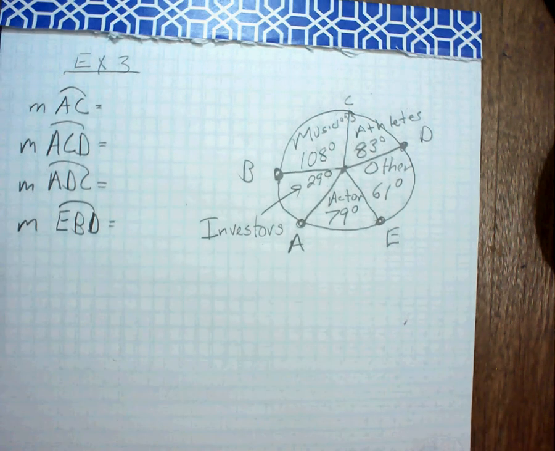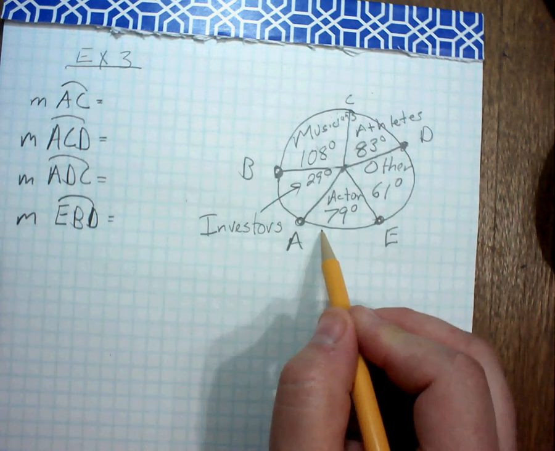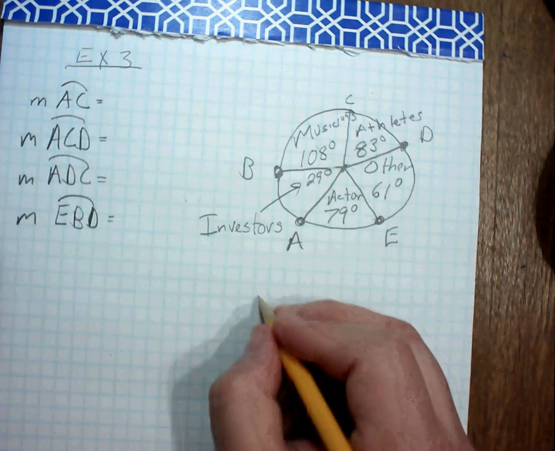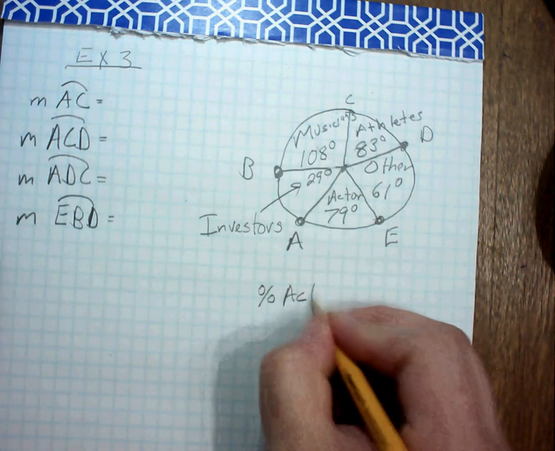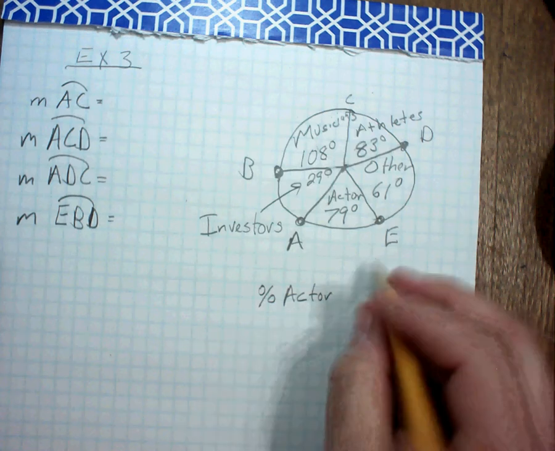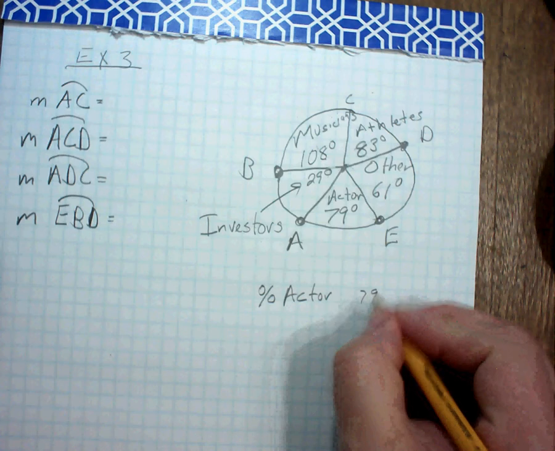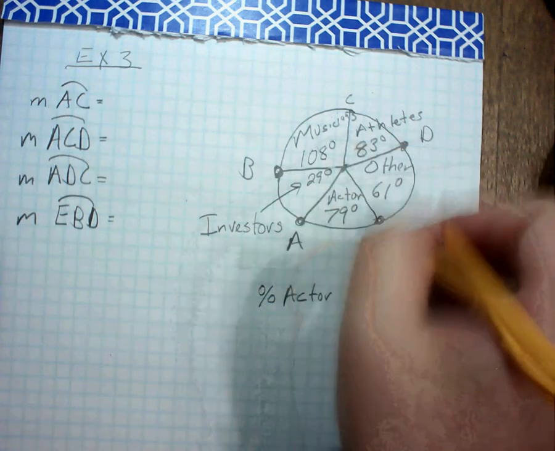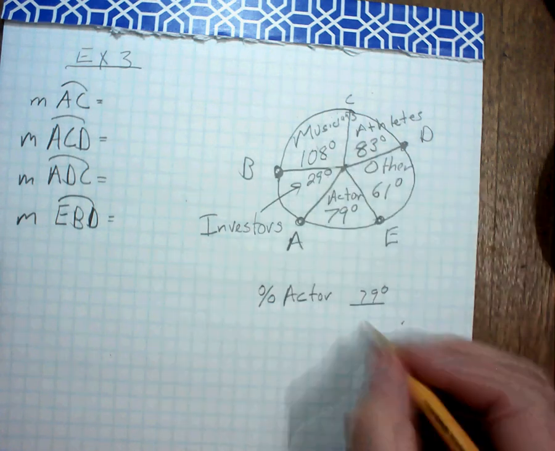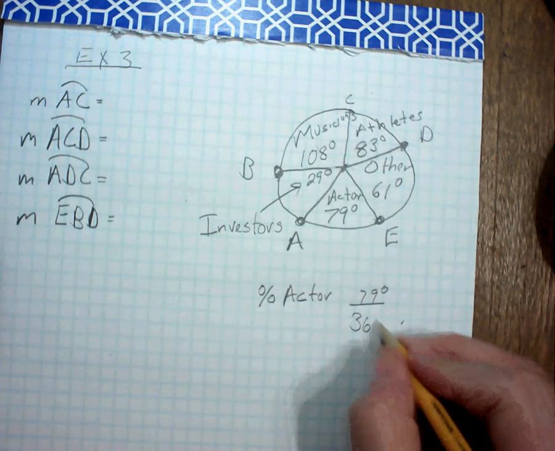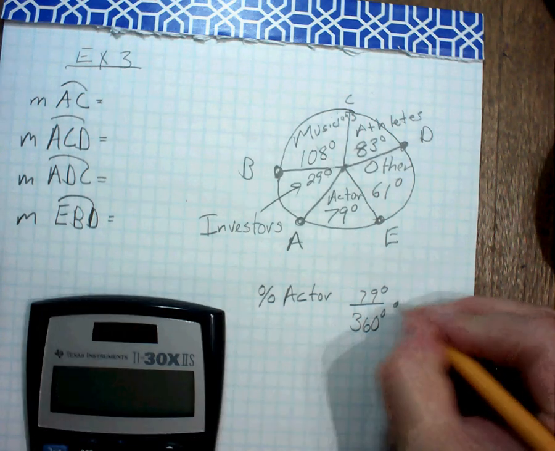Okay, so this is just like the other problem, you're adding it up. But what we're going to segue into is, if I wanted to know the percentage of actors, I've got 79 degrees, but 79 degrees is a slice or portion of the total circle. So to find the percentage, I would say 79 degrees over 360, and then multiply that by 100.